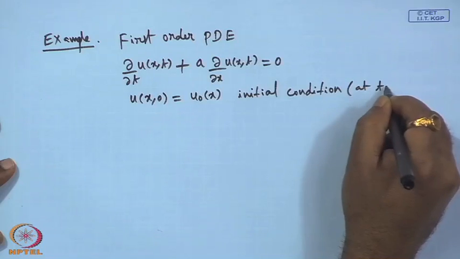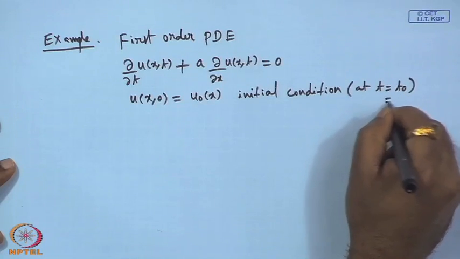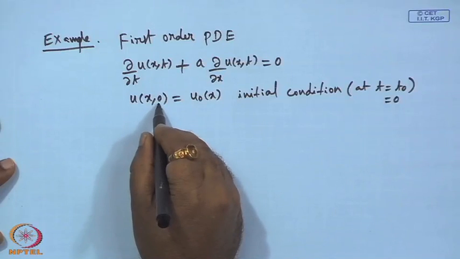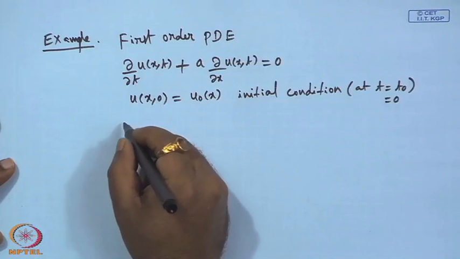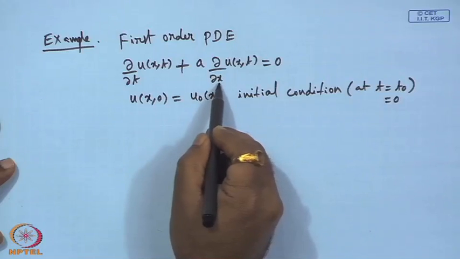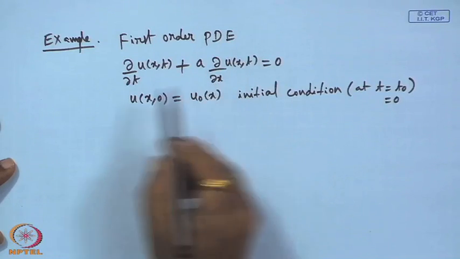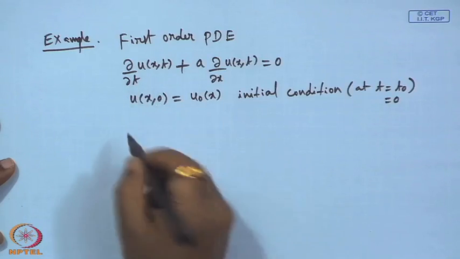Okay. So, this is nothing but at t equal to t naught. So, generally this is taken as 0, okay, because you can see here. So, then it is one dimensional with respect to space and the derivative is also only first order involved. So, here with respect to time first order involved.